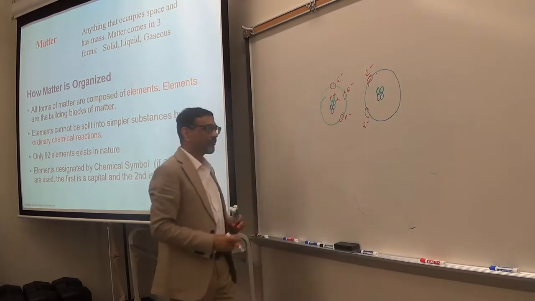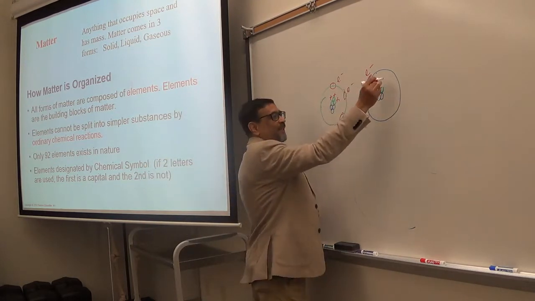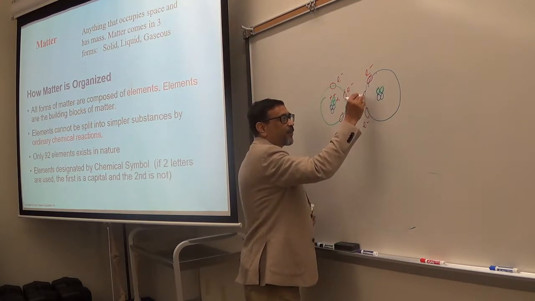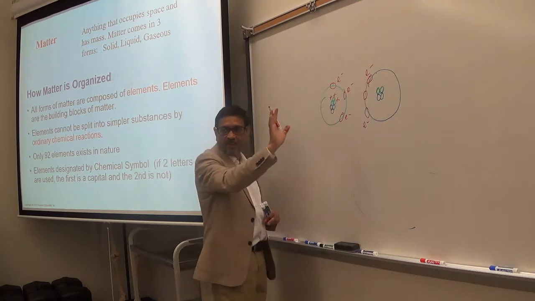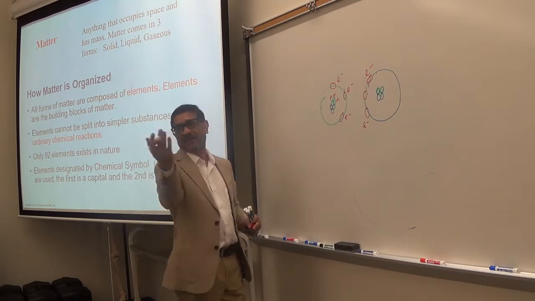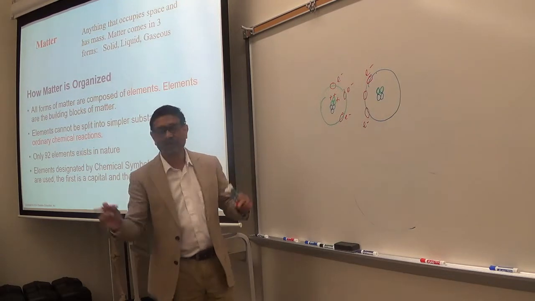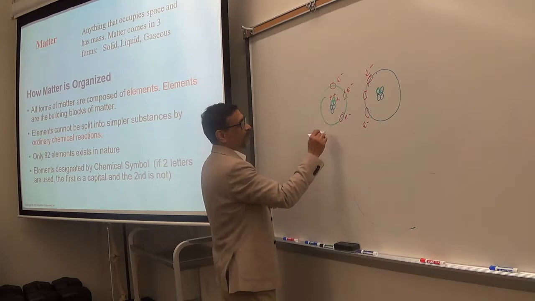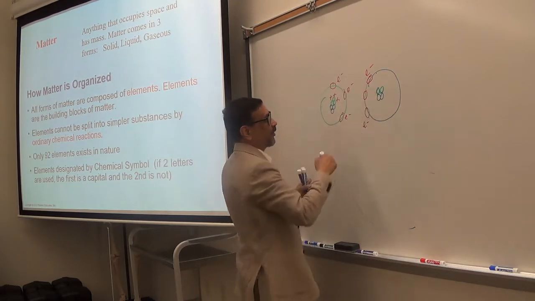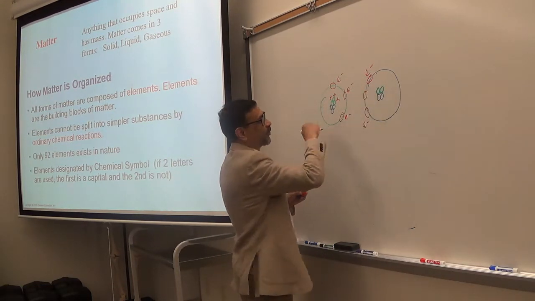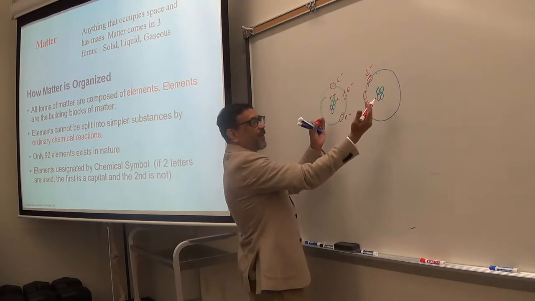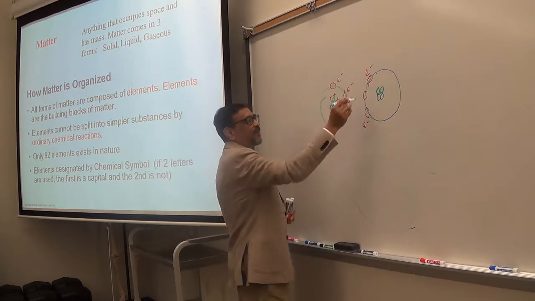Now, this atom has 2 electrons, but 1 empty spot here. No electron is there, but there is a spot here for another electron. It can accept another electron. So now both are neutral, right? Because same number of positive and negative. So neutral.